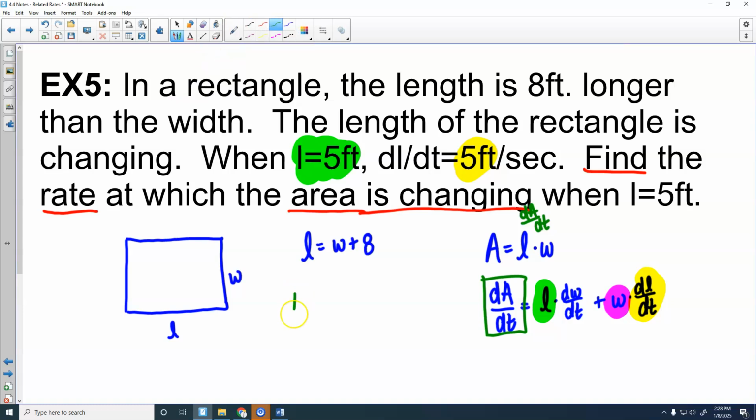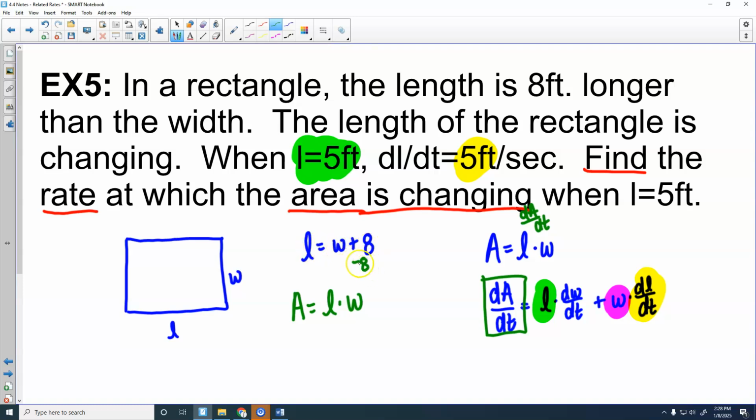So I've got A equals L times W. Which rate do we know? We know dL/dt. So if everything was L's, then I'd be able to do this problem. And I can do that because I've got L equals W plus 8.